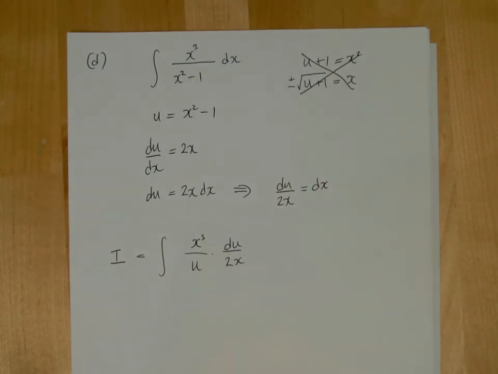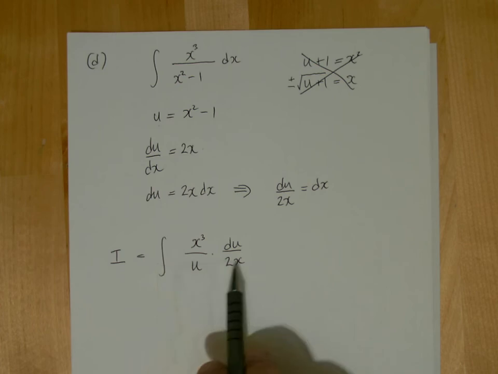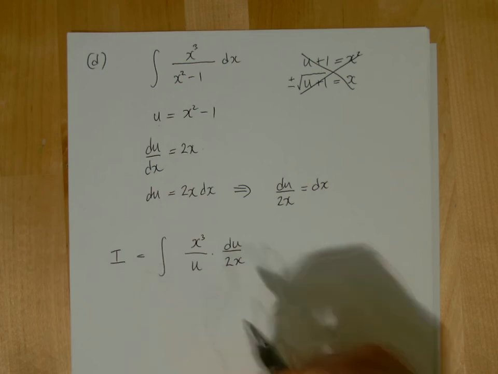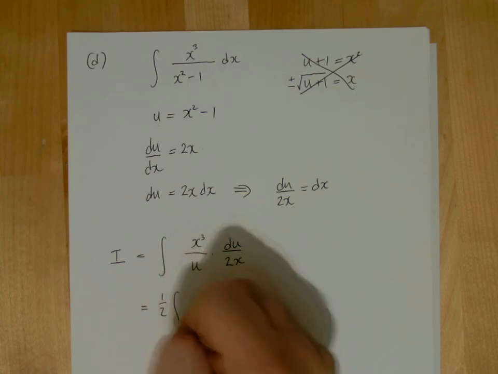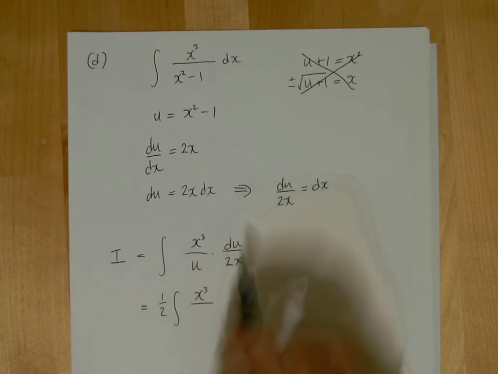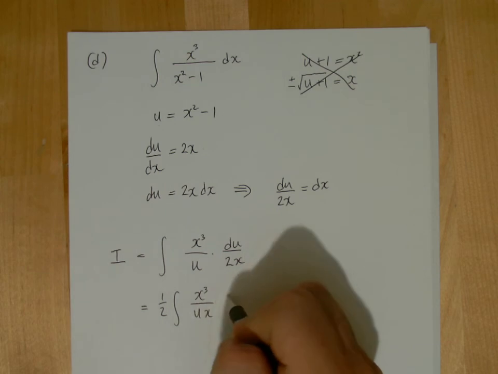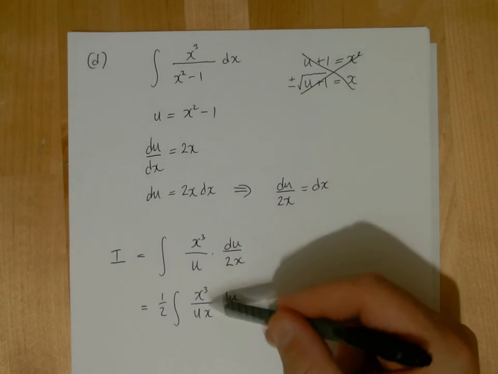Now, look at this here and see if you can find the direction forward from this. You might spot to start with that the 2 on the bottom can be taken outside because it's like a half. I would do that actually. So half is the integral of x cubed over, well, then I've got u times x, haven't I? du. Can you see something else we can do then? I'm sure you can see that perhaps we can cancel these x's.